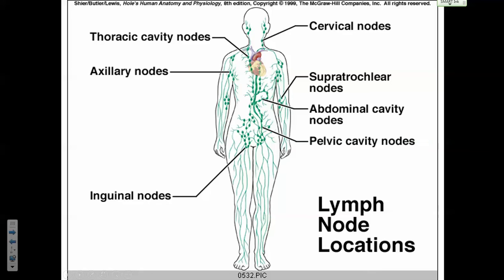Along the way, the lymph, which is the name of the fluid in a lymph vessel, drains through these little organs called lymph nodes, and they're basically there to filter the lymph of anything that you should not have, whether it's a pathogen or some damage, some chemicals that you don't need. The lymph nodes help to filter the lymph.